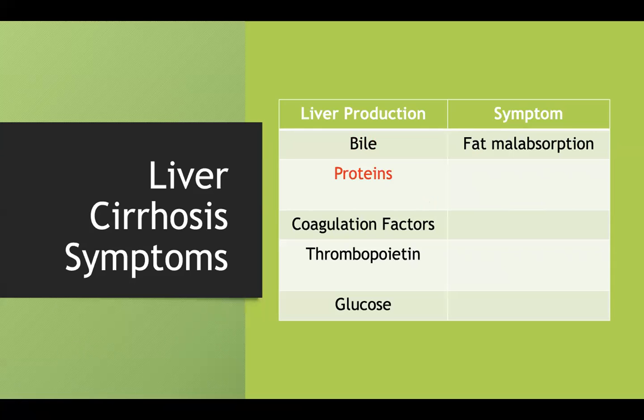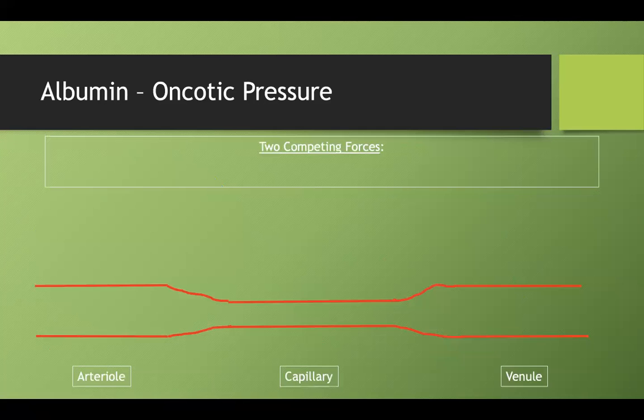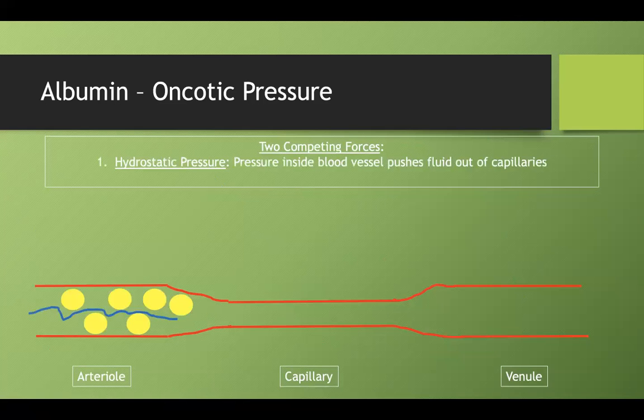If the liver doesn't produce adequate proteins, there's many, many things that can go wrong. But 2 main symptoms that I'll talk about are peripheral edema and ascites. And in the physiology section, I talked about how there's 2 competing forces. We have our hydrostatic pressure that pushes fluid out of the intravascular space, and we have our oncotic pressure that helps pull fluid back into our blood vessels.